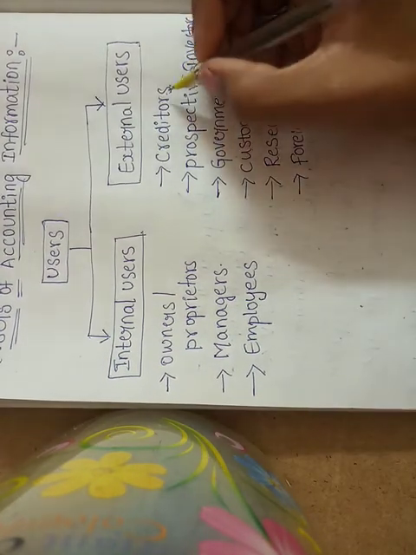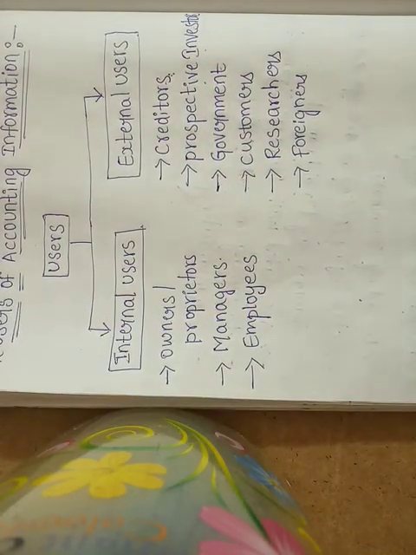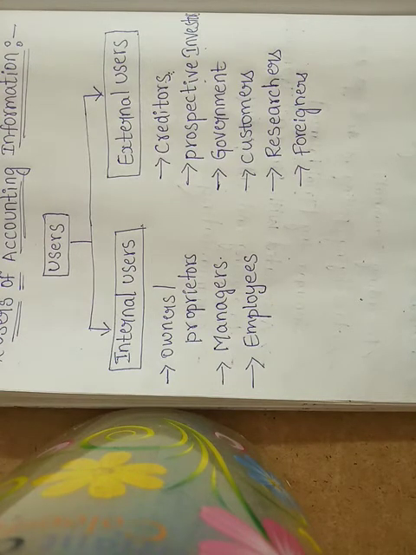The next is prospective investors. What does investors mean? The persons who have invested into the business, into that company, are known as investors. That means outside persons have invested some amount of capital into the business.